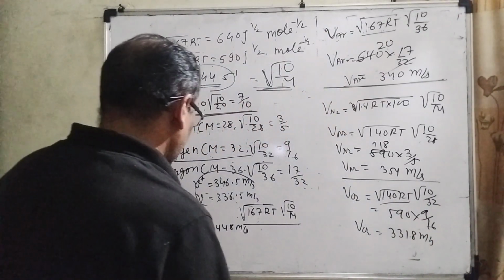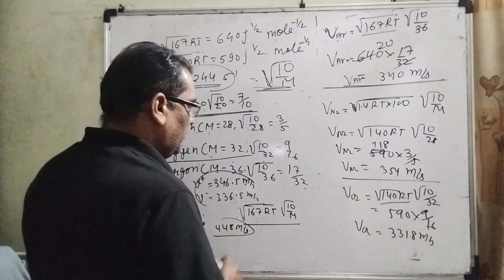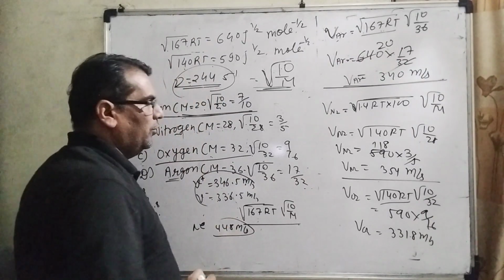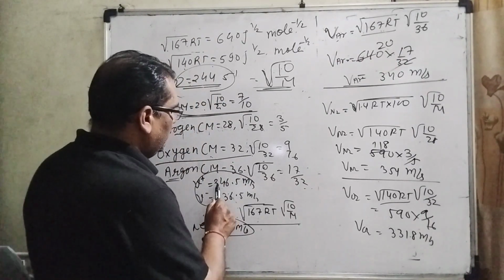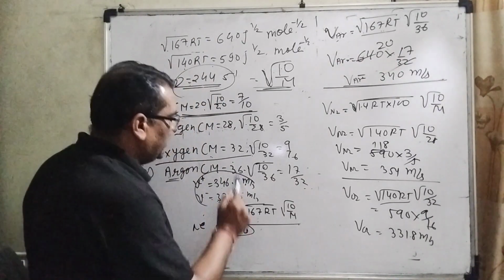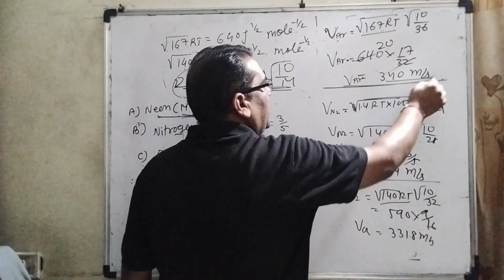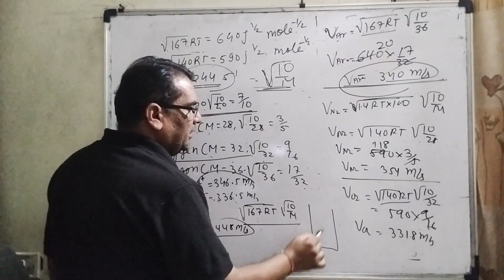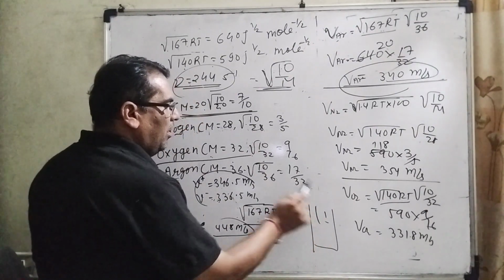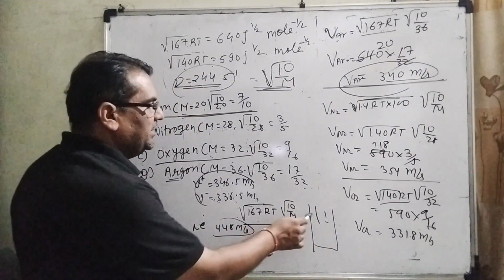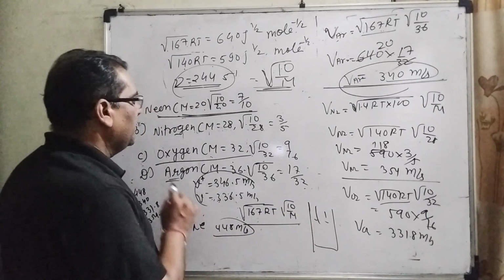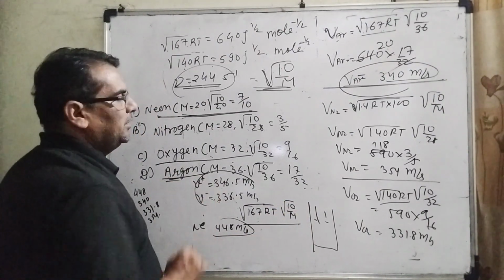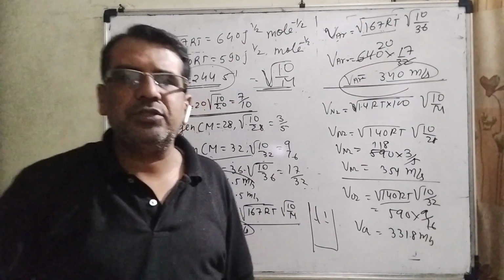We have already found the speed for neon is 448. The range is 336 to 346 meter per second, so the speed of 340 meter per second matches. Therefore the gas filling the resonance column is argon. I hope you understood this problem.